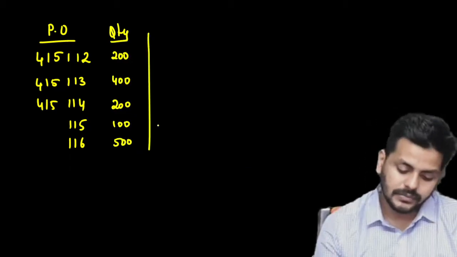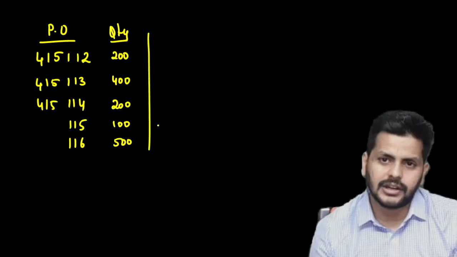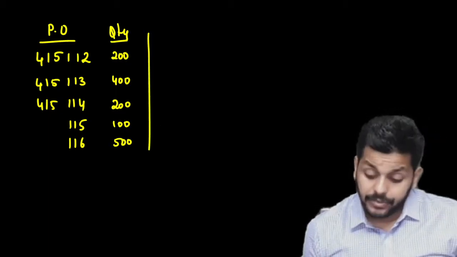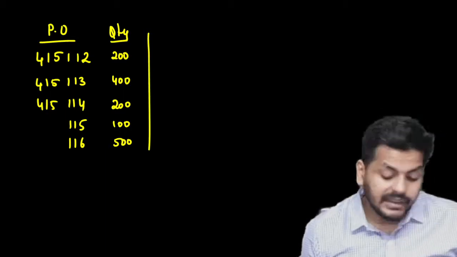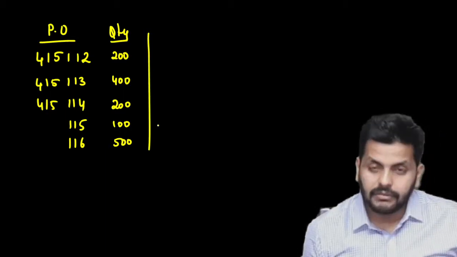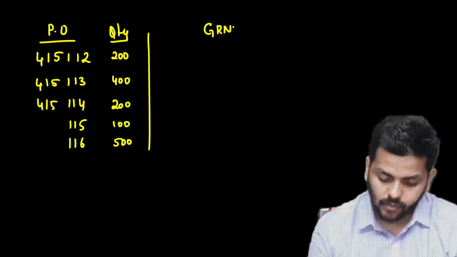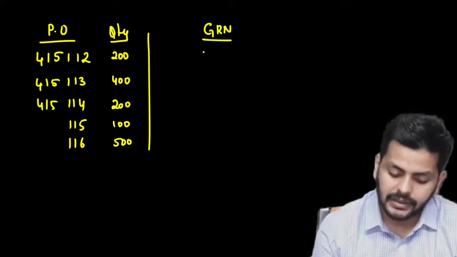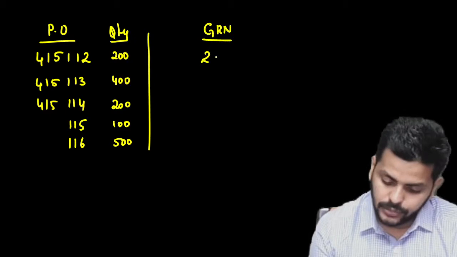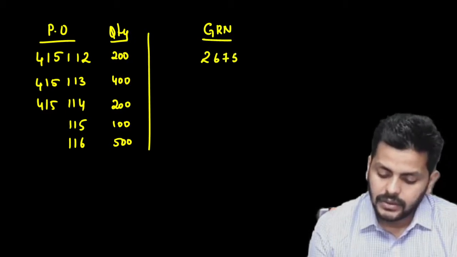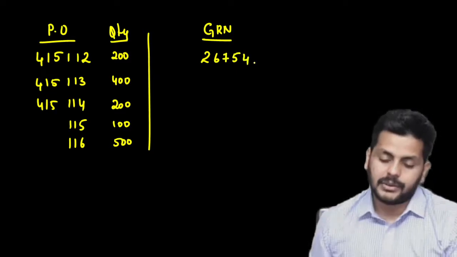Now these purchase orders are already entered wherever they are supposed to be entered. Now the big question comes: whenever we receive the goods, what is it that we are passing? We're passing a GRN, correct? GRN number 26754, some random number, okay?